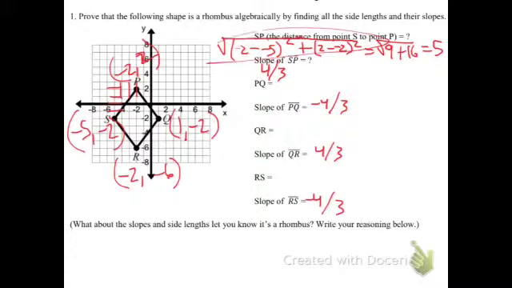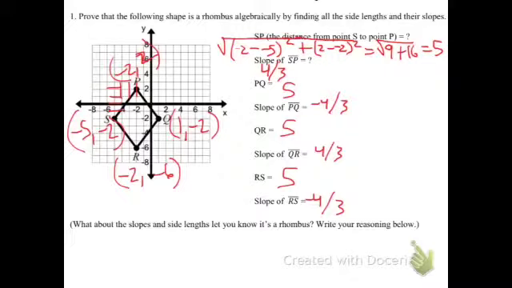Even if you were to use this formula for all those points, you're going to get the same thing, because the x2 minus x1 stuff is just getting the run, and then y2 minus y1, that's getting the rise. And so distance formula is really just run squared plus rise squared, and then you square root it. And so all these lengths are going to be 5.